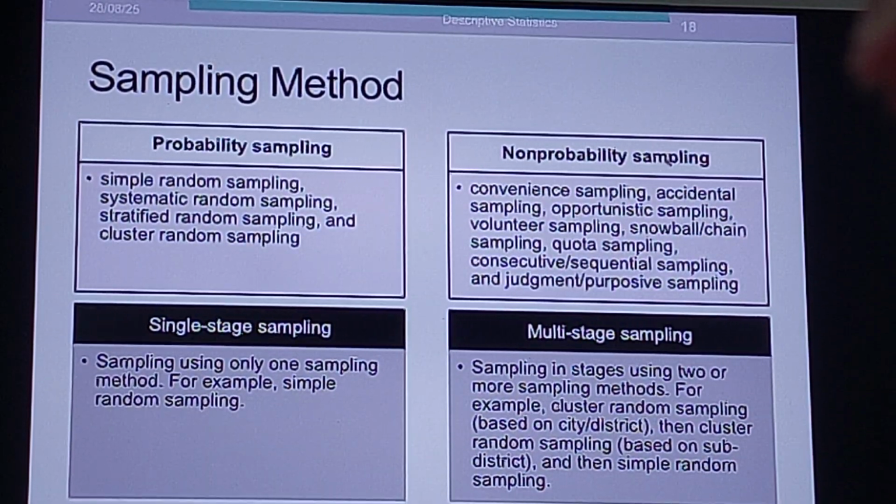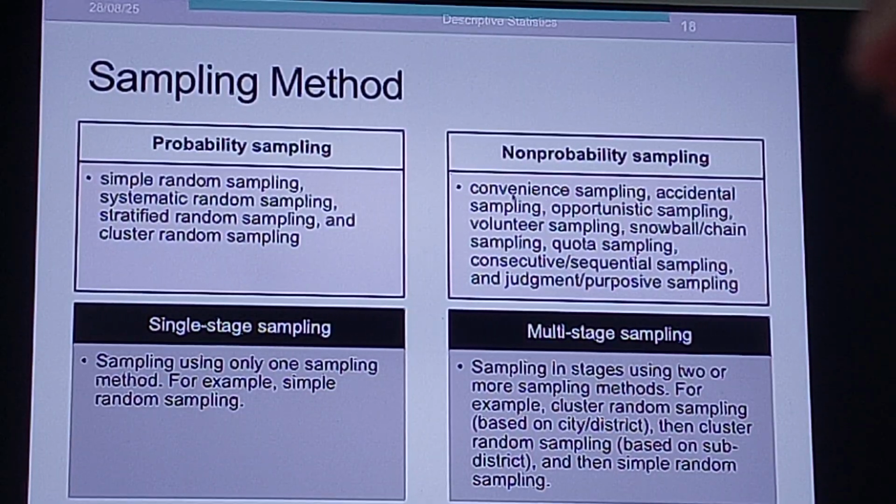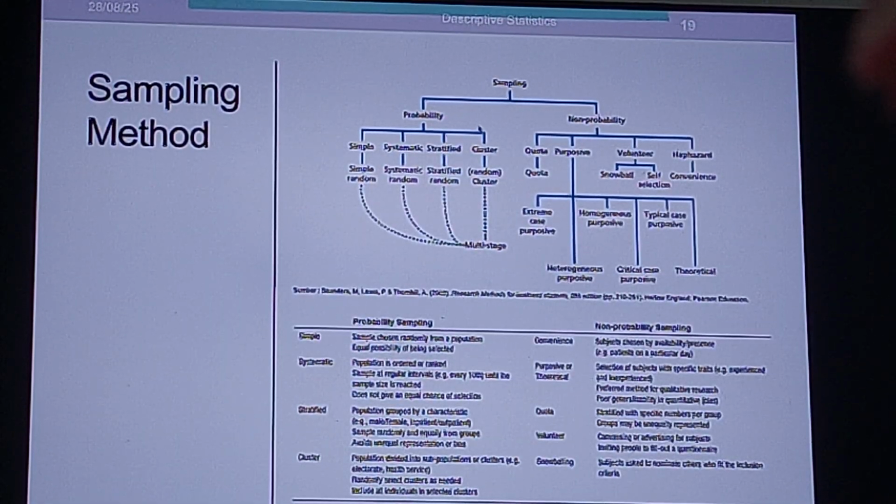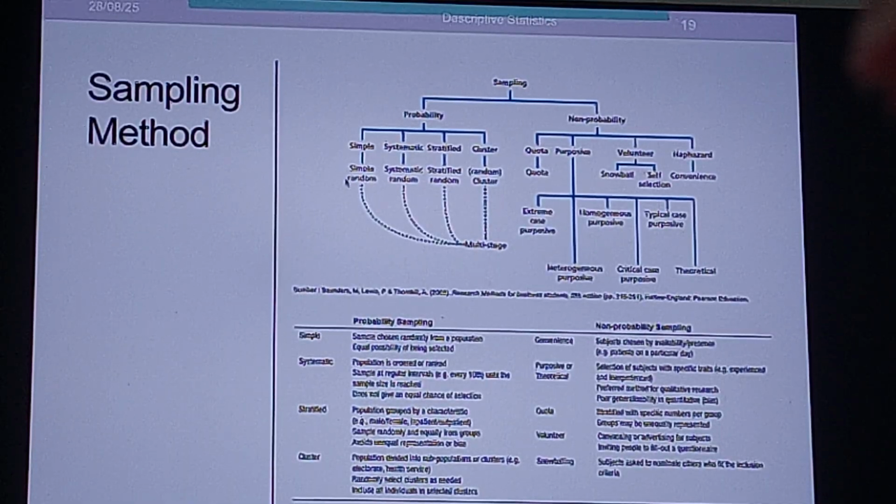Non-probability sampling includes convenience, accidental, opportunistic, till judgment or purposive. We will discuss it in the next meeting. But I will show you how we define the sampling from probability and non-probability. When it's simple, then we call the method simple random sampling. When it's systematic, we call it systematic random, and so on.